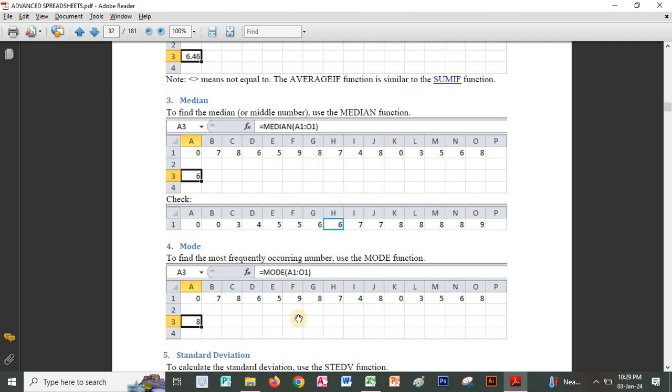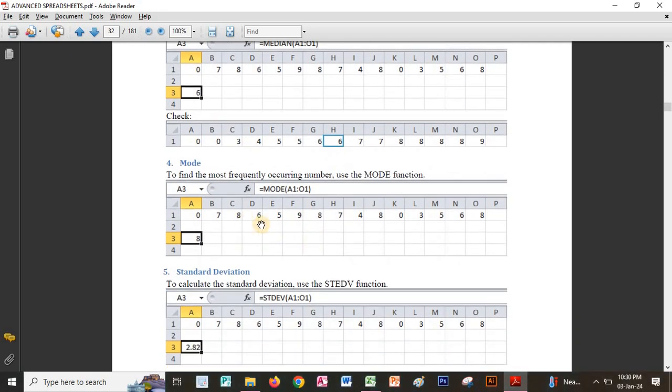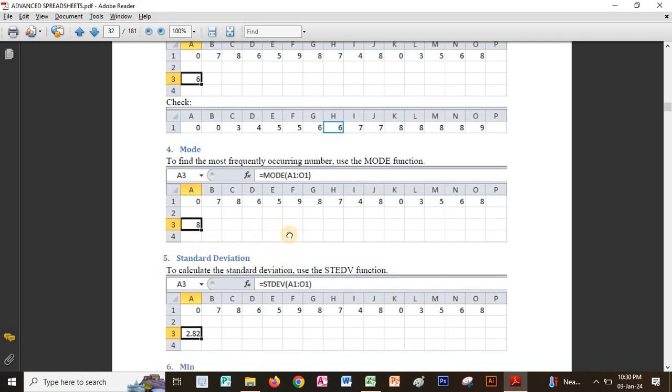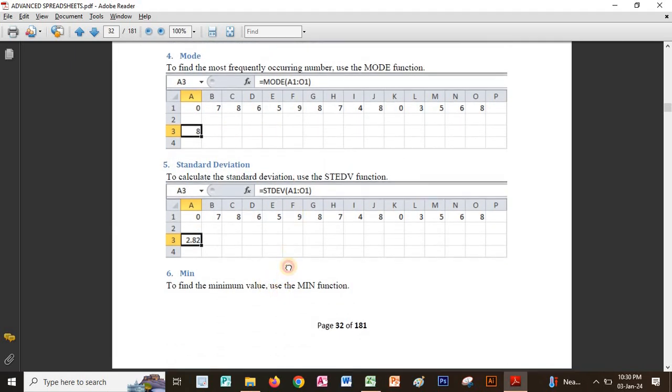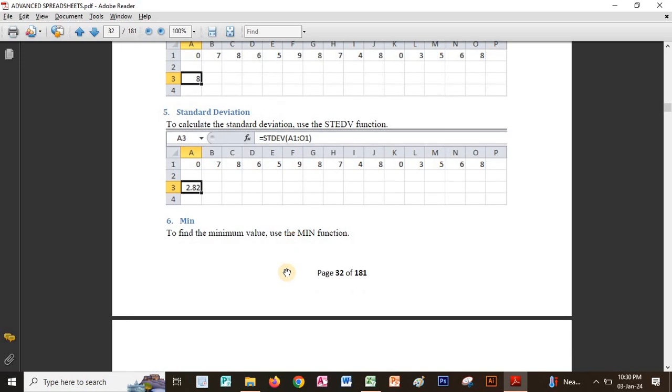Mode is the one that has been repeated the most. If you look here, 8 has appeared 1, 2, 3, 4 times. None of the rest has appeared as many times as 8, so it is our mode there. Standard deviation, you can also find the standard deviation.